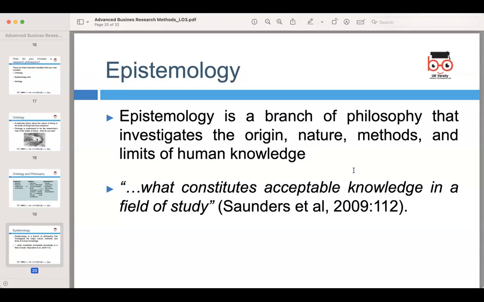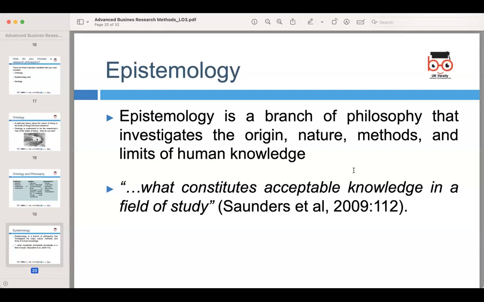Epistemology helps us answer these questions by scrutinizing the methods and criteria we use to establish knowledge in a specific field. Epistemology is an essential branch of philosophy that investigates the origin, nature, methods, and limits of human knowledge.